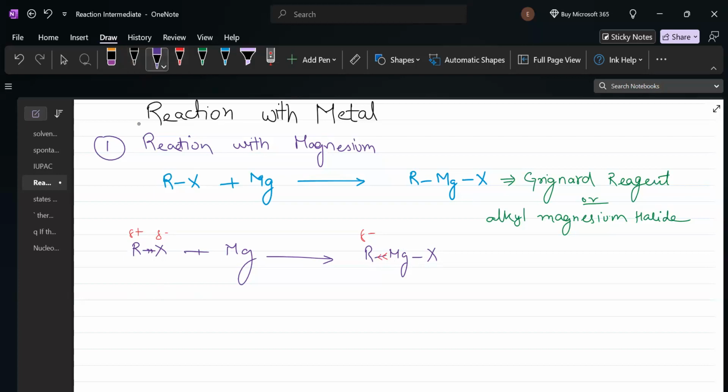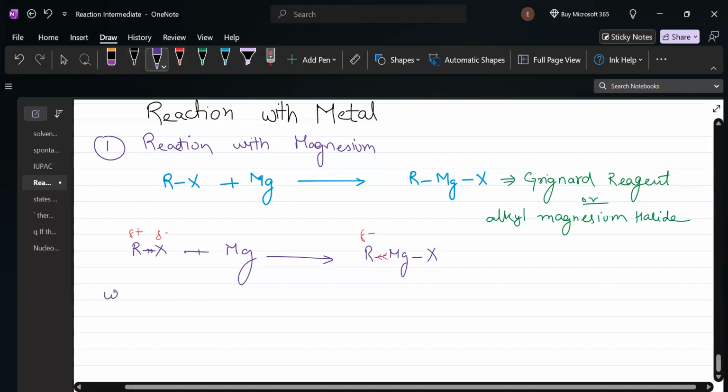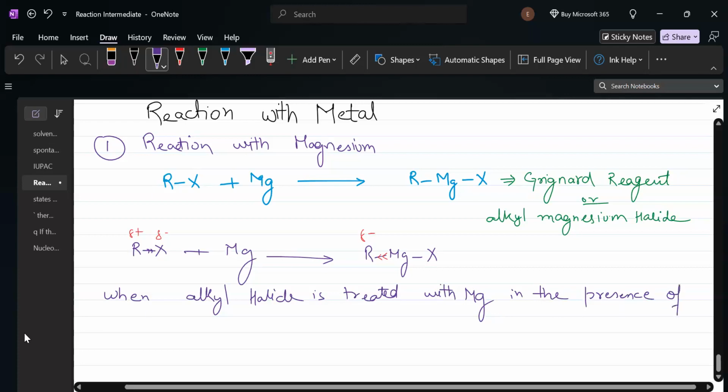Kindly note this down: how this is forming.